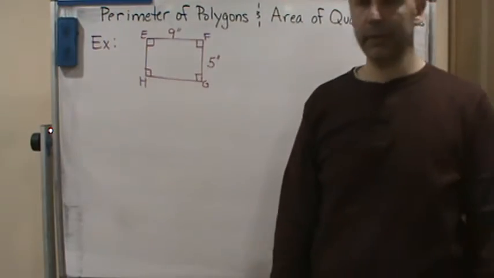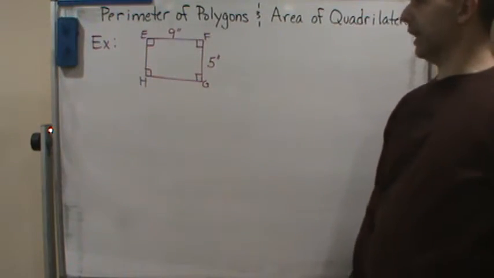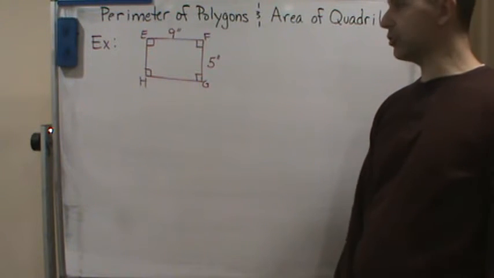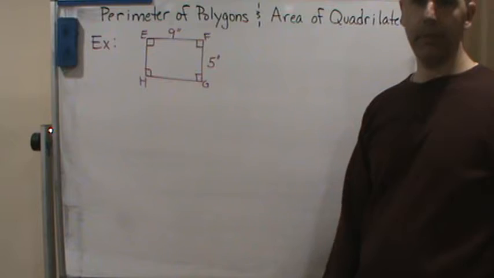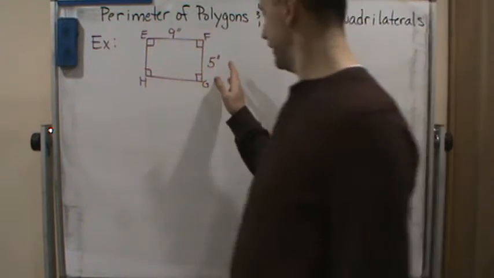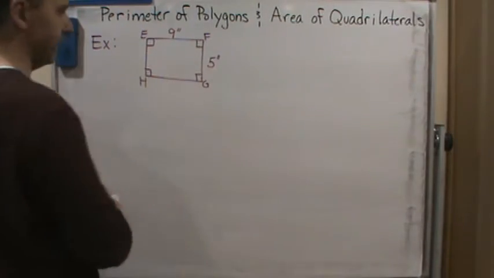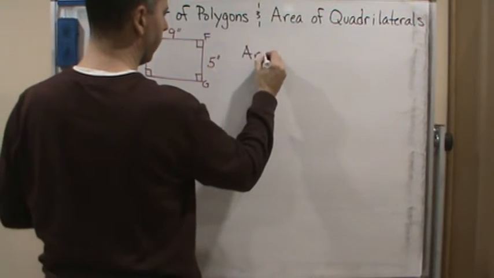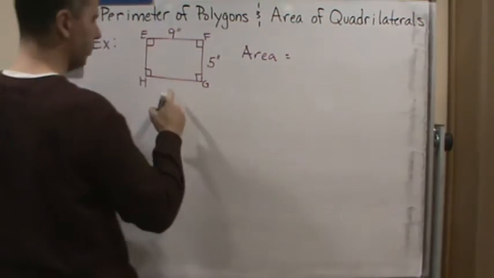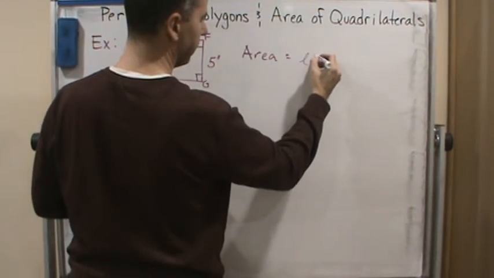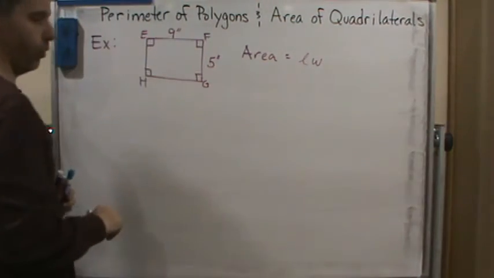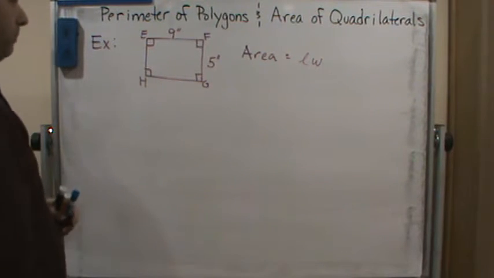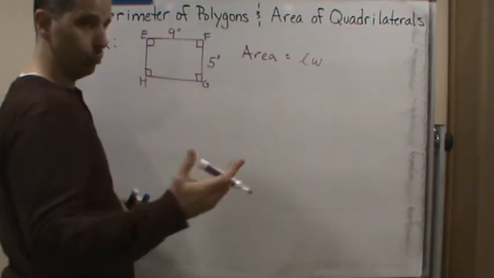Okay, I'm going to do a couple of examples. The first example is I have this rectangle, EFGH, and I'm asked to give the area of the rectangle. It's in inches, so each side is in inches. Remember, the formula for the area of a rectangle is length times width, or base times height, what have you.